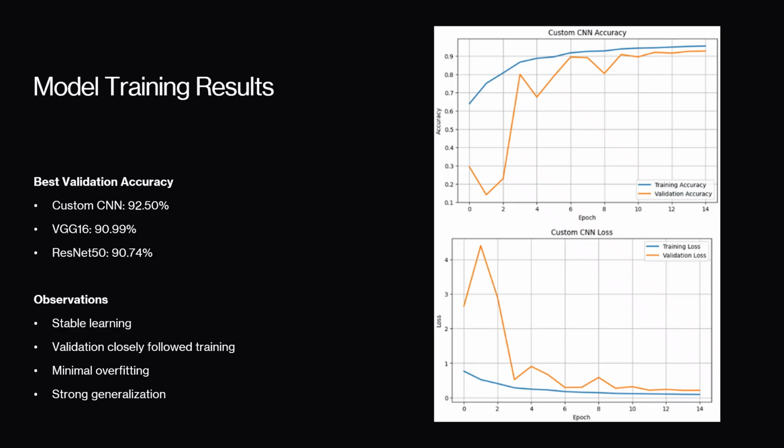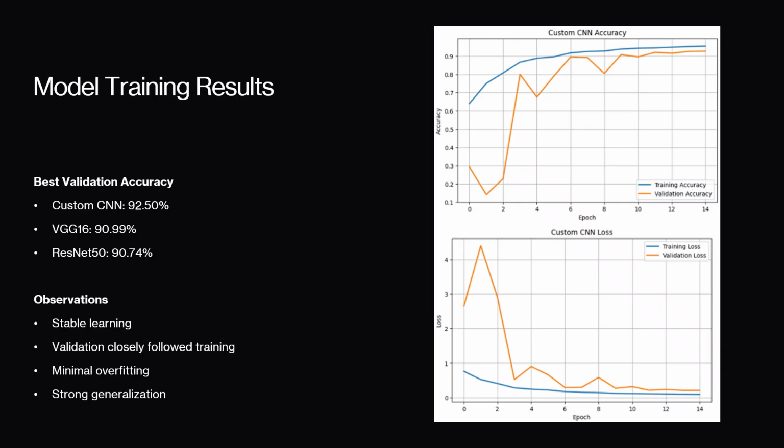The relatively small difference between training and validation performance suggests that overfitting was successfully minimized through the use of batch normalization, dropout regularization, early stopping, and learning rate reduction. These learning curves provided confidence that the custom CNN learned meaningful disease-specific image characteristics rather than memorizing individual test X-ray images.